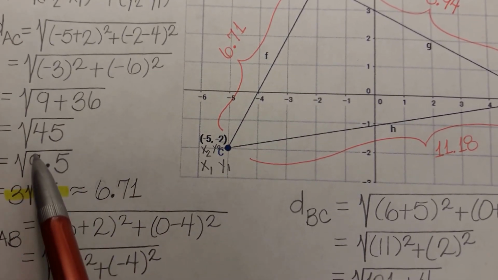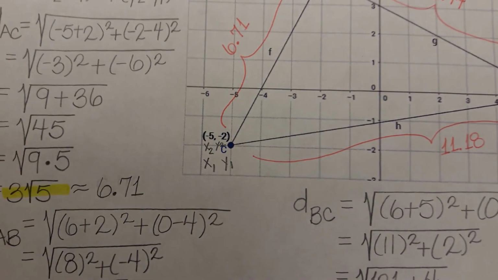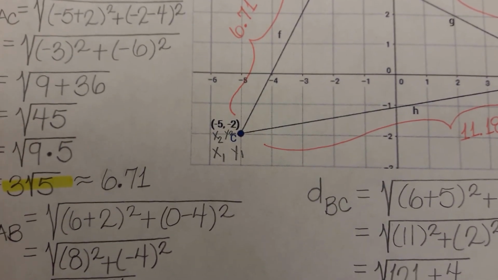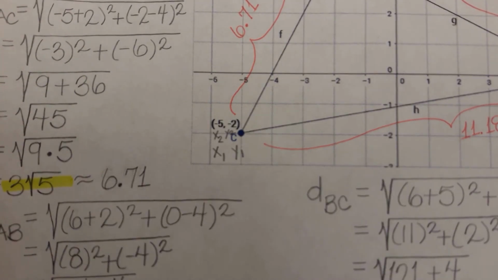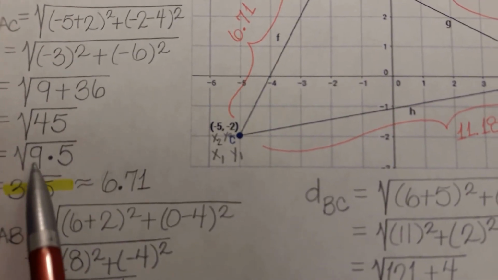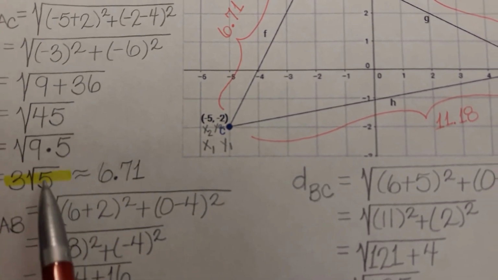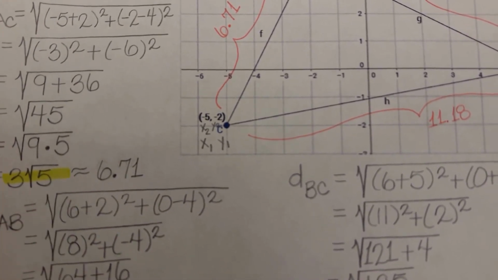Right here, I didn't do a factor tree because what I did was I thought about what two numbers will multiply to give me 45, and I can take the square root of one of those numbers. So I know 9 and 5 will work. The square root of 9 is 3, and I want to leave 5 in that root, okay?